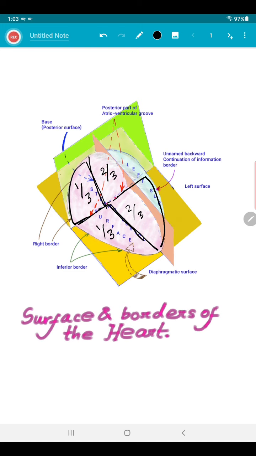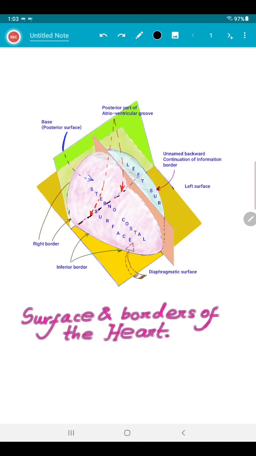So the diaphragmatic surface is separated from the sternocostal surface by the inferior border, from the base by the posterior part of the atrioventricular groove, and from the left surface by a less defined, unnamed border, which is the backward continuation of the inferior border.